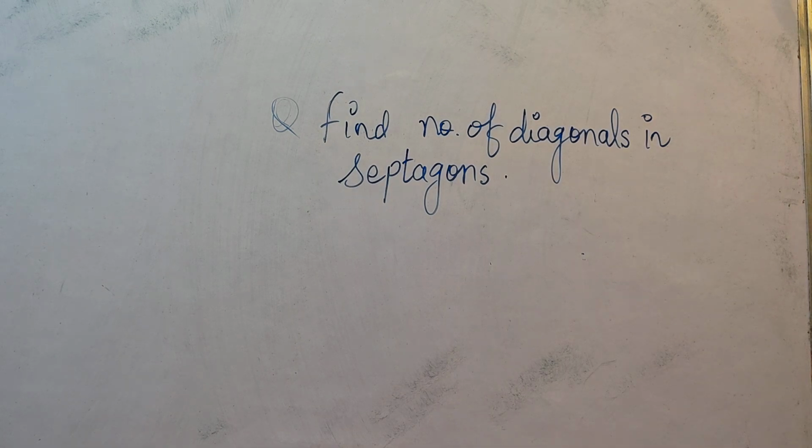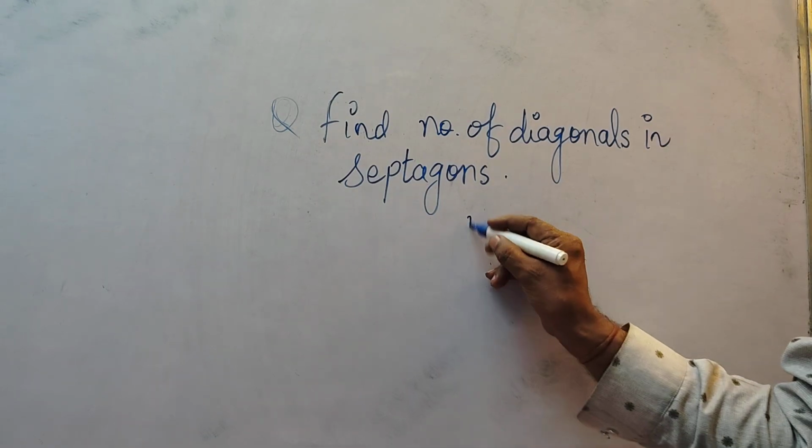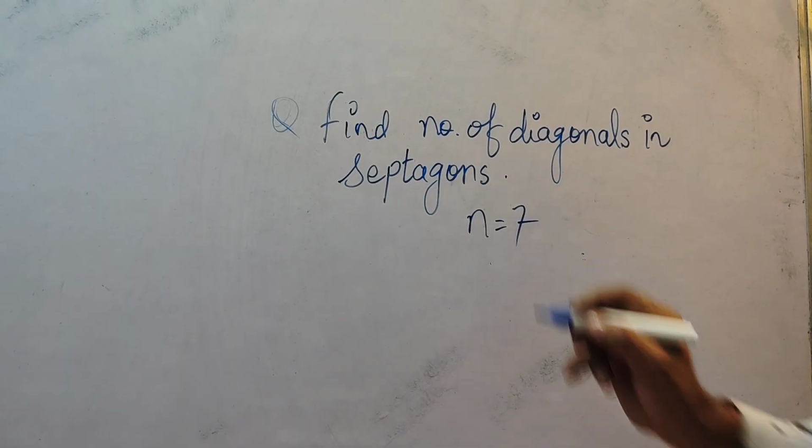How many diagonals in a septagon? So n is here 7. For a septagon, n is 7.